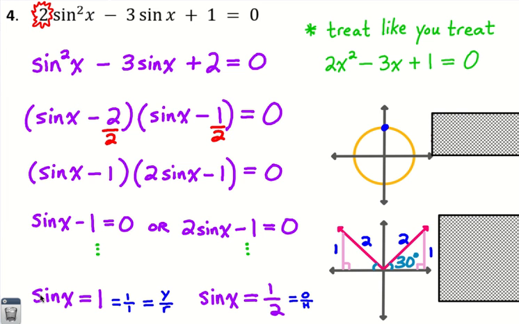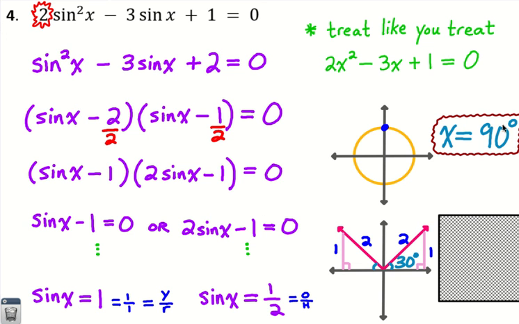The sine of what equals 1? 90 degrees. So from this equation we get an answer of 90 degrees, and that's it, just one answer. Only the sine of 90 degrees equals 1, unless you're going to start double dipping and going with coterminal stuff.